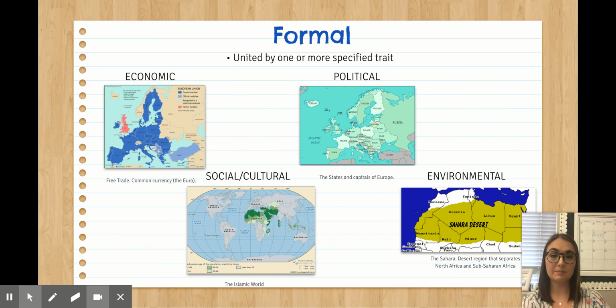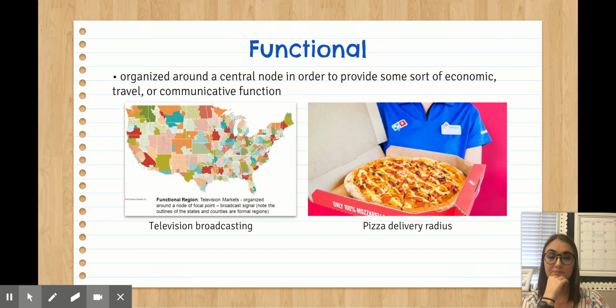But the next type of region we're going to look at is a functional region. A functional region is a region organized around a central node in order to provide some sort of economic, travel, or communicative function. A functional region is what it sounds like. This region is only there because a certain function is being performed there.